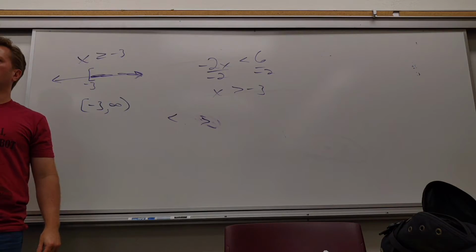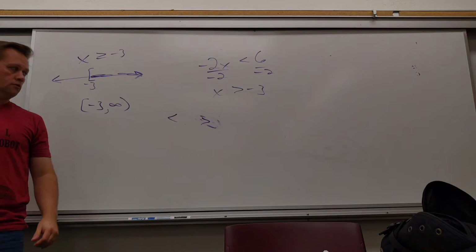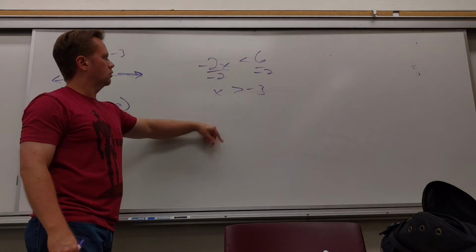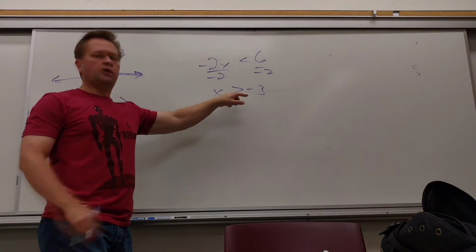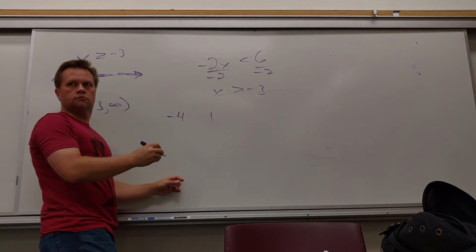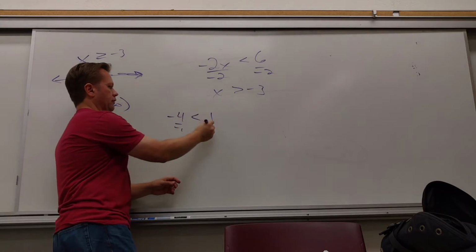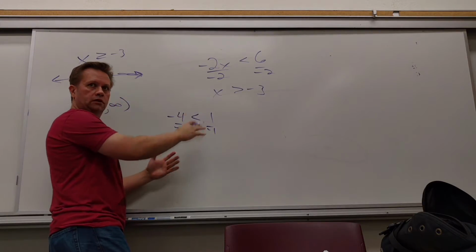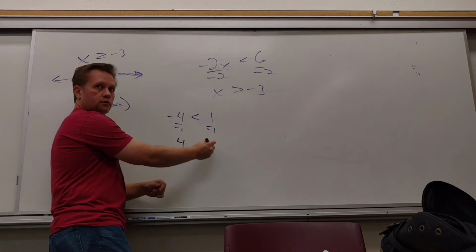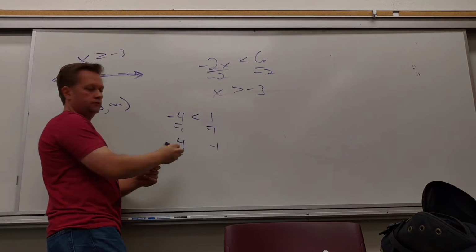When did you change the inequality sign? Okay, alright. Which one's bigger? One. Okay. If I divide by -1, which is completely legal, that becomes 4. That becomes, which one's bigger? 4.